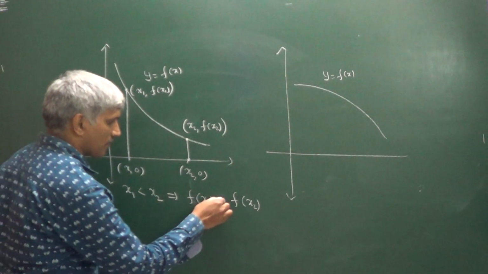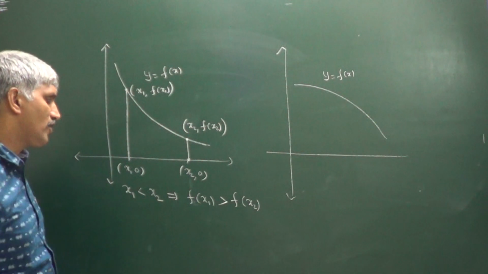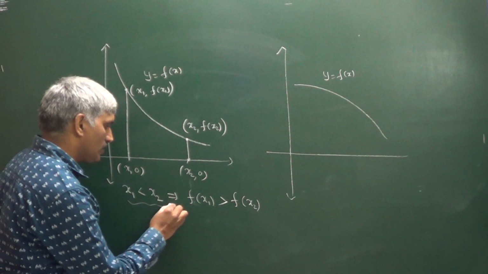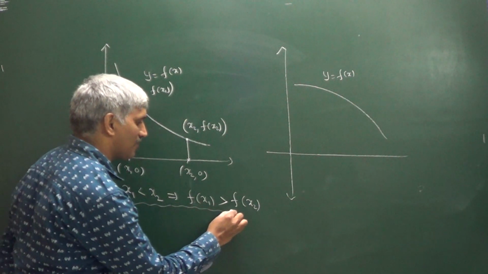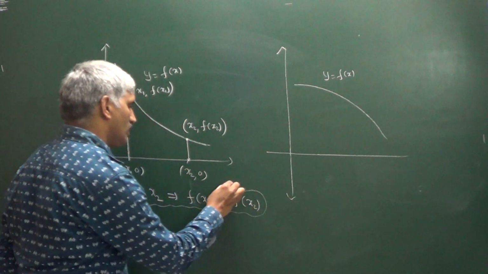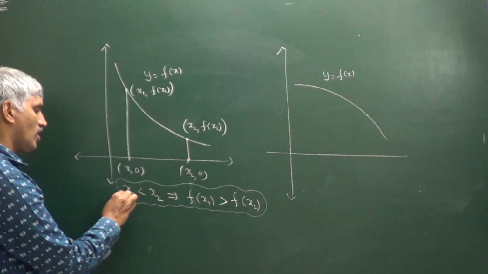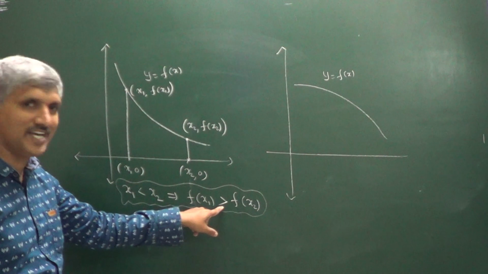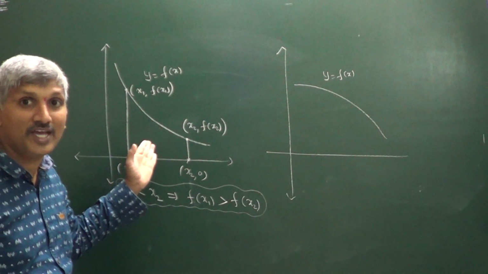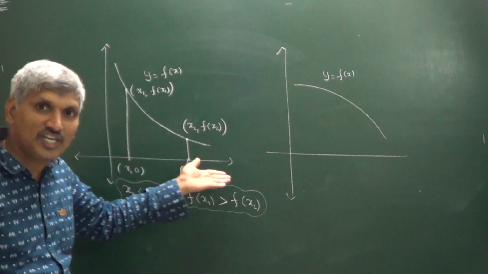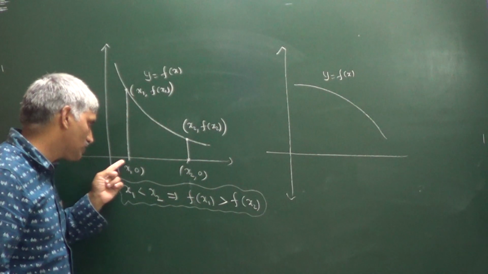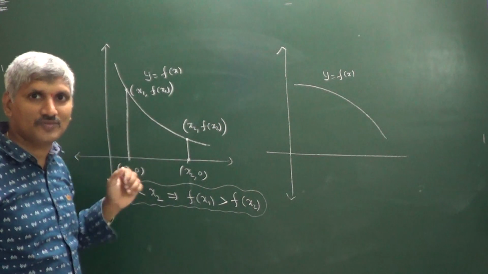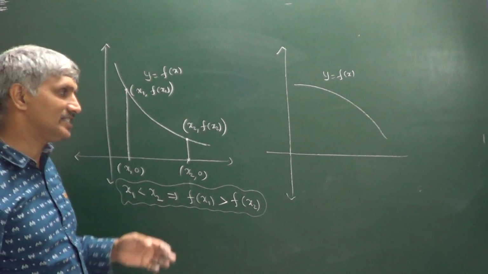No doubt, f(x1) is greater than f(x2) or not? x1 less than x2 implies f(x1) greater than f(x2). Inequality changes. This function is said to be a strictly decreasing function. You can observe, as x values are increasing, the functional values are decreasing. So it is a strictly decreasing function.